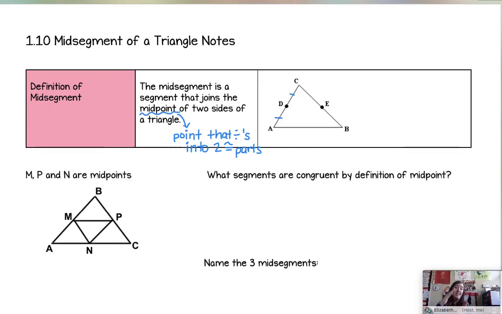So that means the distance between C and E, and the distance between E and B, is going to be the same. So these two little bits are going to be congruent. Now, once we actually connect the midpoints, that's what makes my mid-segment.